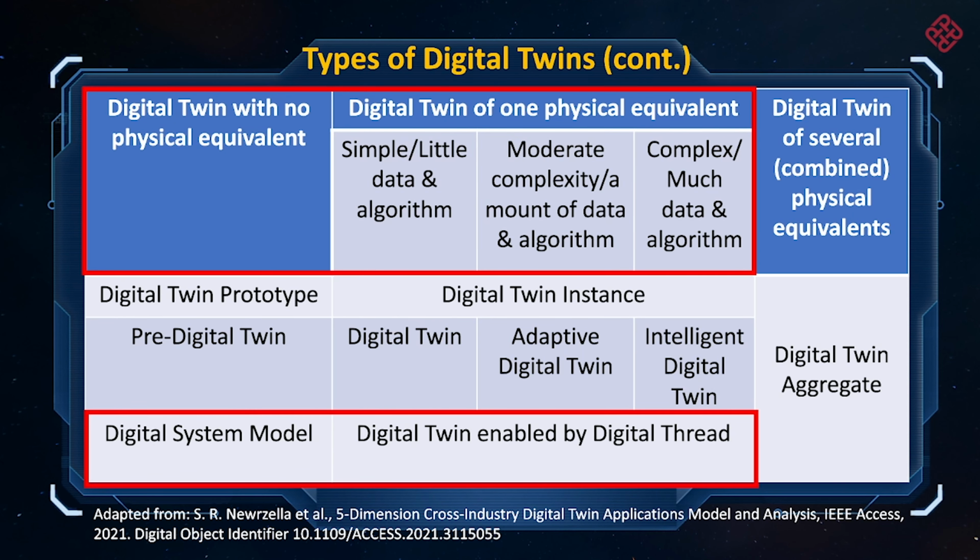And finally, there are also digital twins that exist, but are merely generated based on a digital thread, which is a combination or collation of all the digital records representing all instances of the digital twin execution status. And there is a model that governs the format of these records, and it's called the digital system model. And the actual instantiation of the digital twin is called a digital thread in this case.